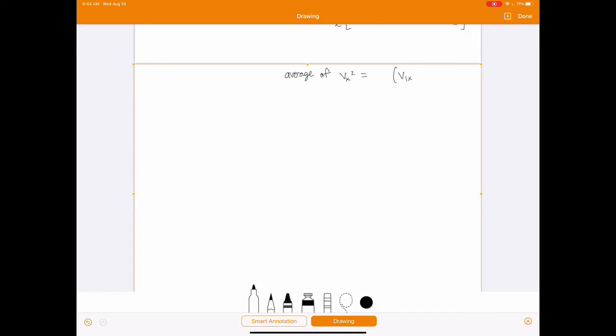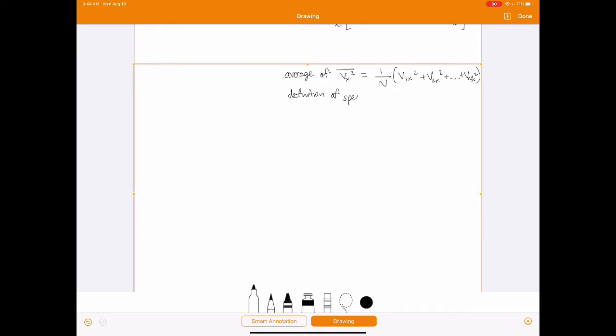So we have v1x squared plus v2x squared and so on until we get to the last one. But then we also have to divide by the number of particles. That's how we would calculate an average. And since we're calculating an average, let's put a little bar above that thing, just to, again, indicate we're calculating an average.